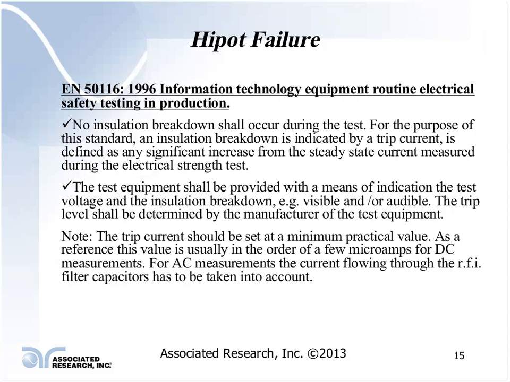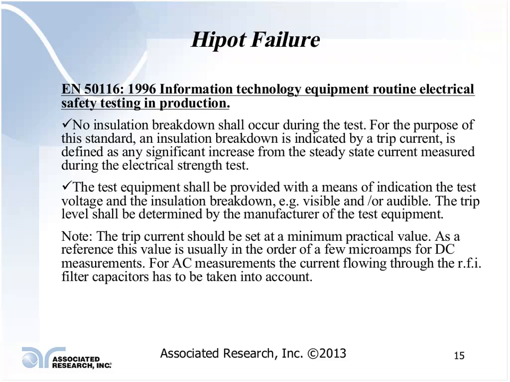The test equipment shall provide a means of indicating the test voltage. The insulation breakdown must show either a visible or audible alarm. Trip level is determined by the manufacturer, basically of the product actually being tested.